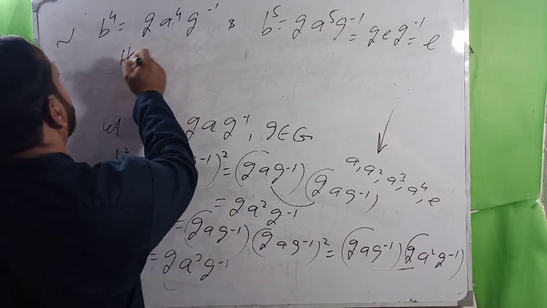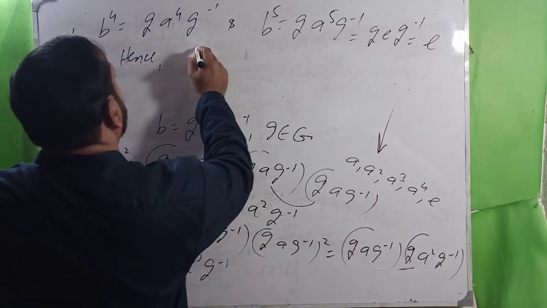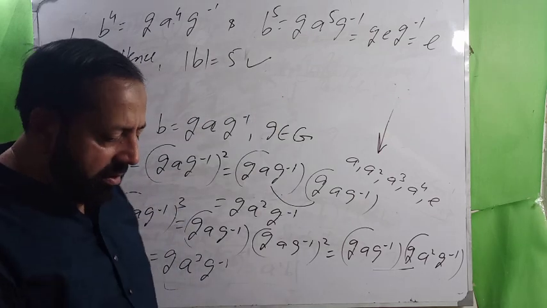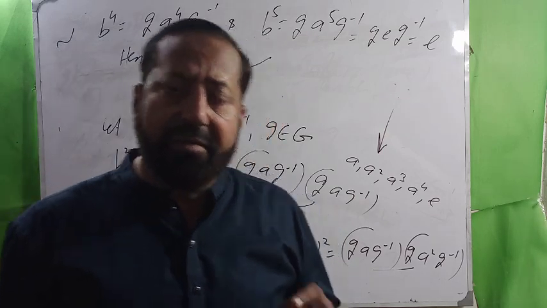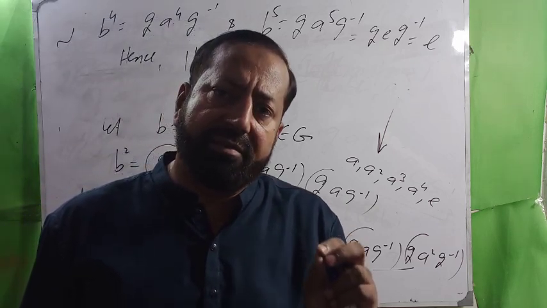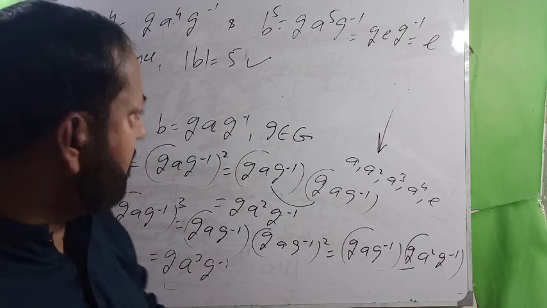Hence, the order of B is equal to 5. So what we have learnt is that if A and B are two conjugate elements, then of course they have the same order.